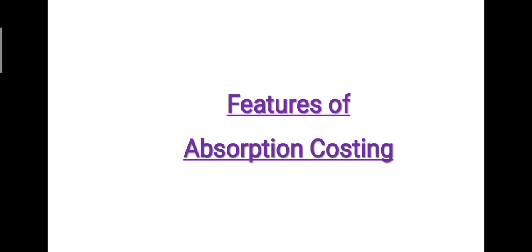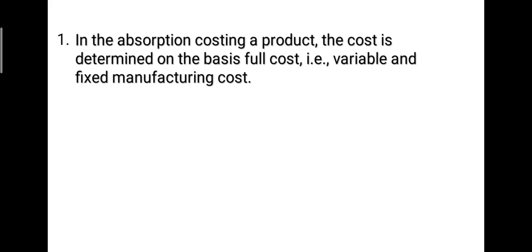After knowing the definition, we'll move on to the features of absorption costing. So there are some features of absorption costing. Okay, students, let us discuss. The first and foremost feature is that in absorption costing, the product cost is determined on the basis of full cost, that is, variable and fixed manufacturing cost.